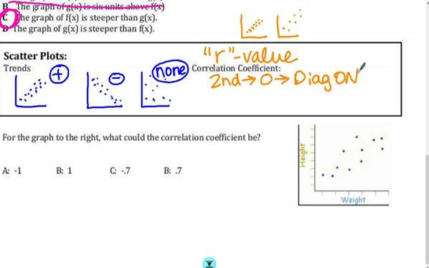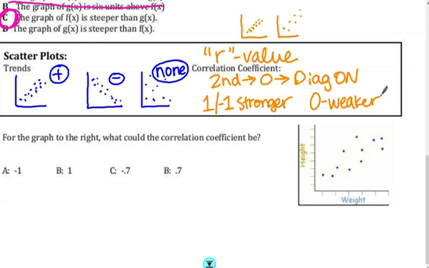And again, remember, the closer it is to 1 or negative 1, the stronger it is. And the closer to 0, the weaker it is. So if I had an R value of like 0.995, that's very strong. It's very close to 1. Versus if I had an R value of like 0.23, that's pretty weak.